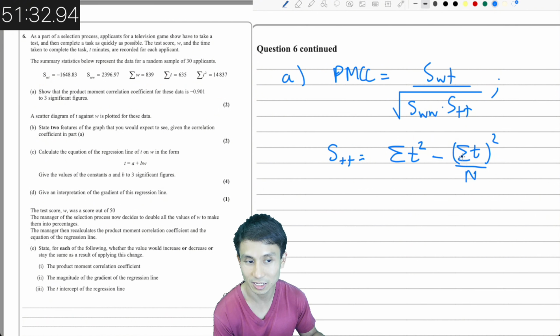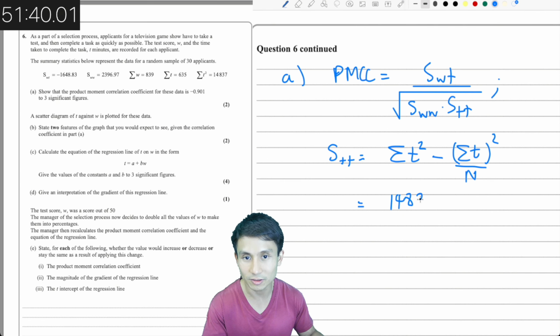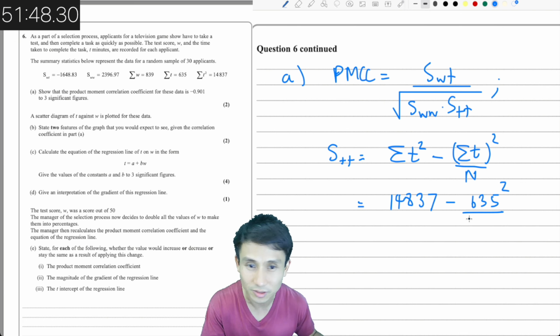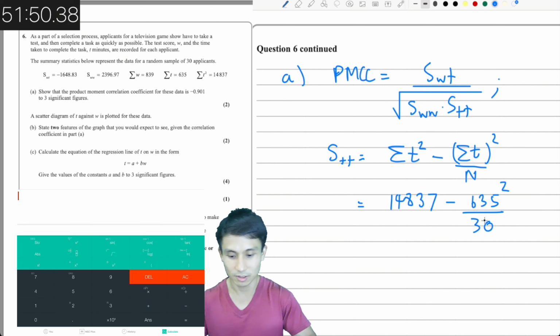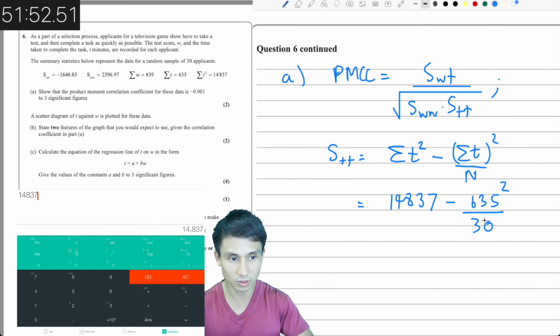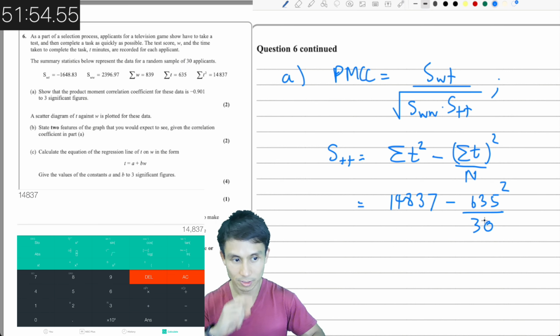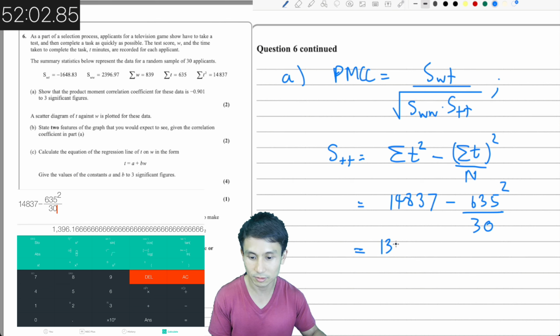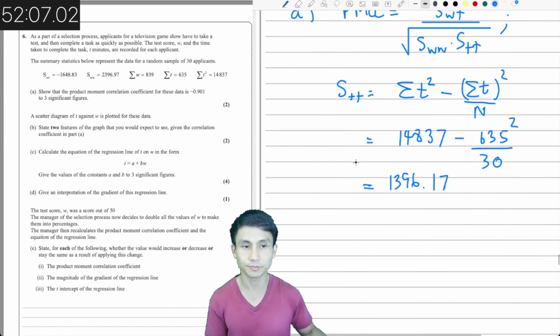So this is 14837 minus sigma t, which is 635, squared divided by n, which is how many? 30 applicants. So 14837 minus 635 squared divided by 30. That's about it. Okay, I'm just going to stop there.